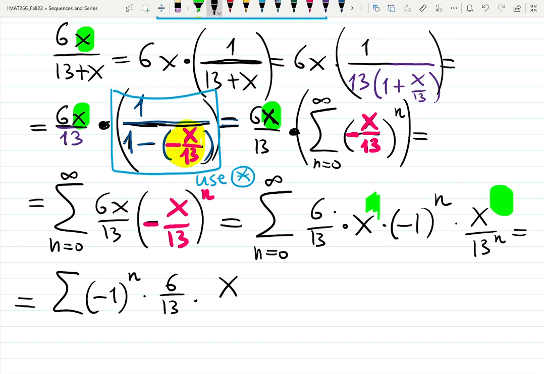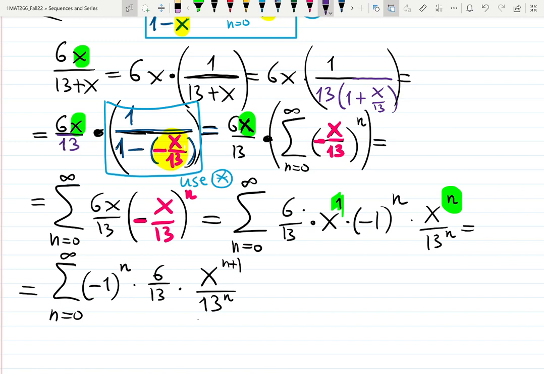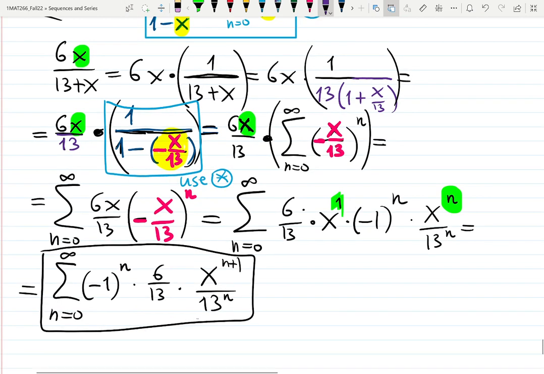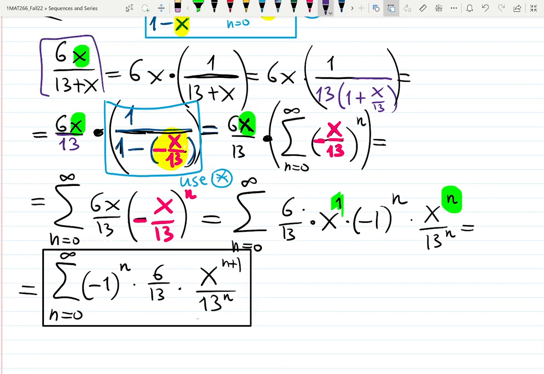So it was n, and it was 1. n plus 1 over 13 to the n. That is the final answer in the series notation from 0 to infinity. This is the sum for the function 6x over 13 plus x.